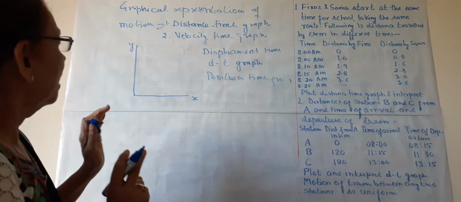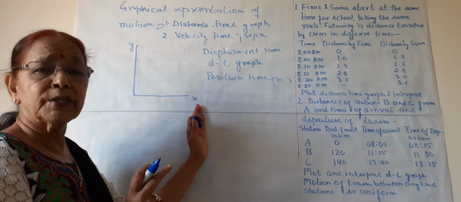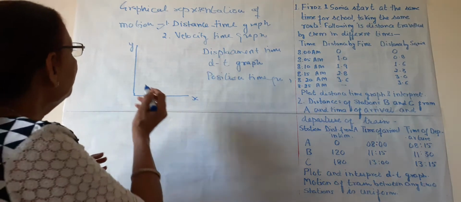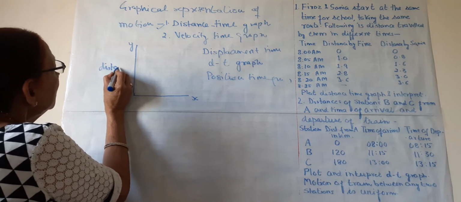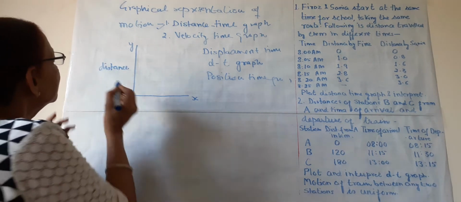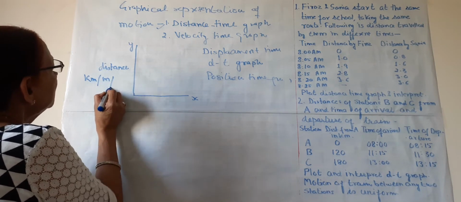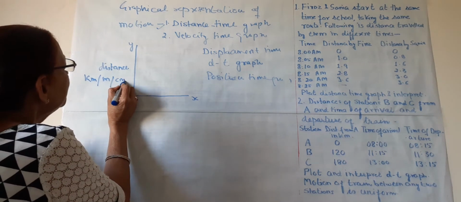Now coming to the graph, this is the vertical y-axis and this is the horizontal x-axis. For displacement time graph, we took distance on the y-axis. Distance may be in kilometer or meter, whatever the case may be, or even centimeters.